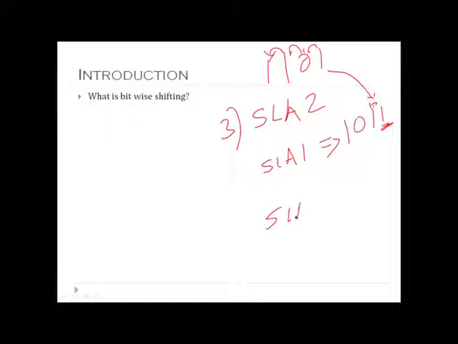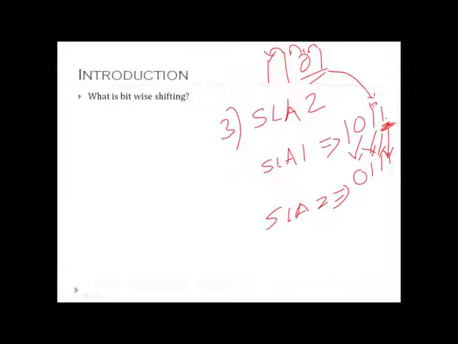Now if I perform SLA2, or SLA1 on this number, it's equivalent. So it will become 0, 1, 1, 1. So this 0 has come here, this 1 has come here, this 1 has come here, but at the same time this 1 is copied here.